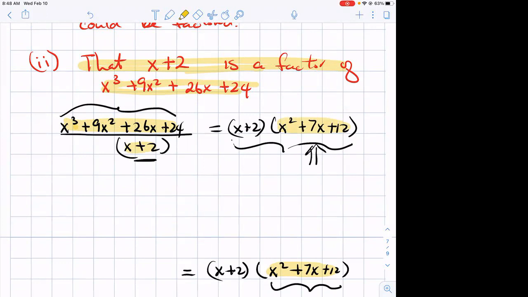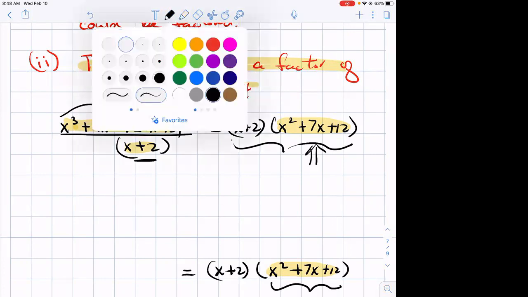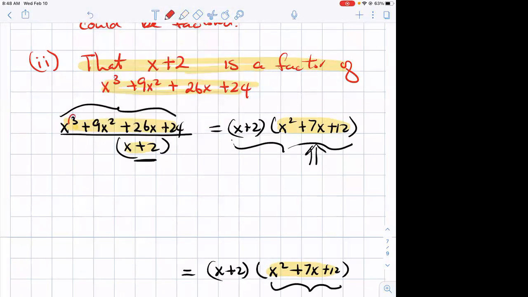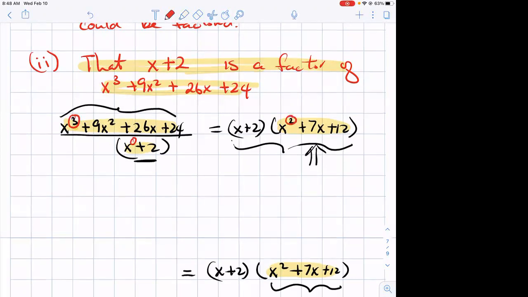Every time you perform long division, the dividend's degree decreases. So if you're dividing a cubic by a degree 1, your answer will be x squared. So the degree always decreases.